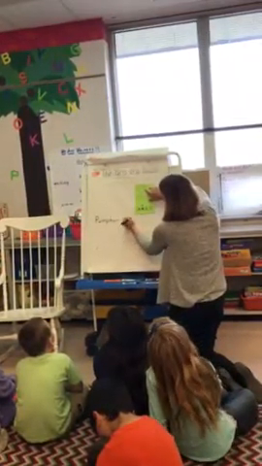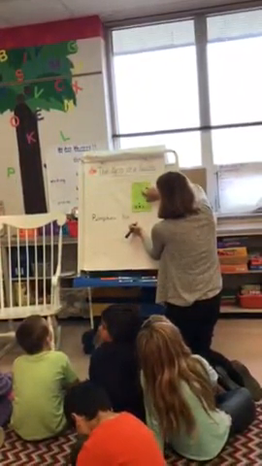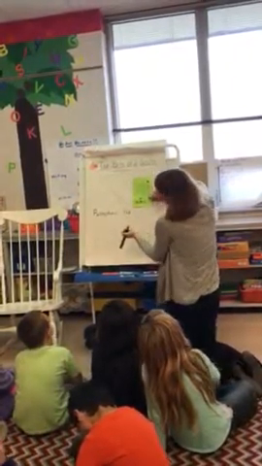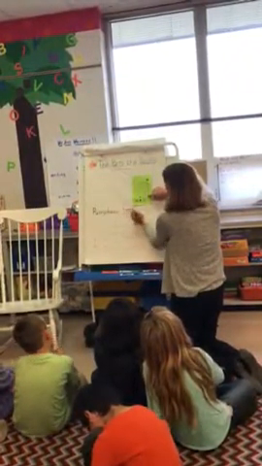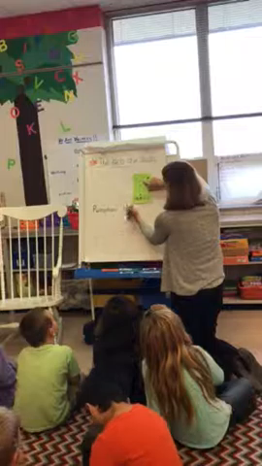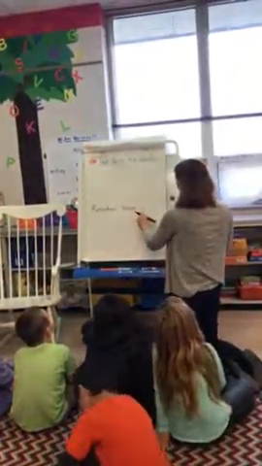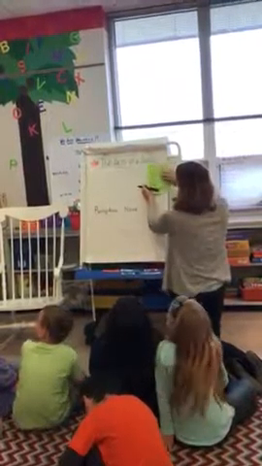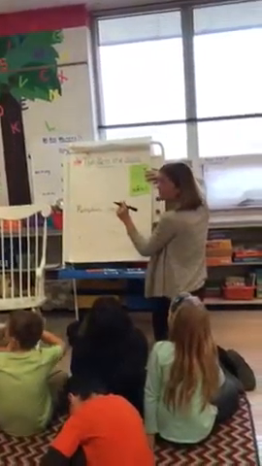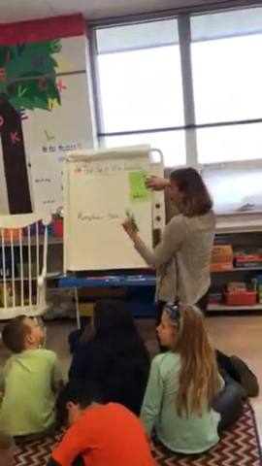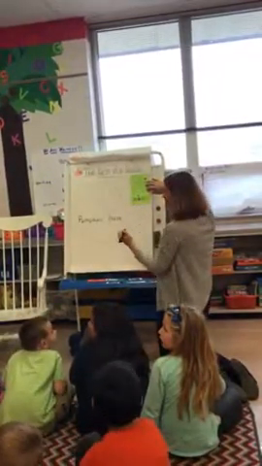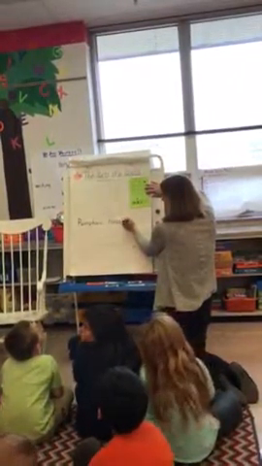And a lowercase a. Upper and lowercase v look exactly the same. This one's just smaller. And now a lowercase e. Pumpkins have orange. Again, as I'm writing orange, I'm looking at the word wall, and Mrs. Peterson has all of those letters lowercase.